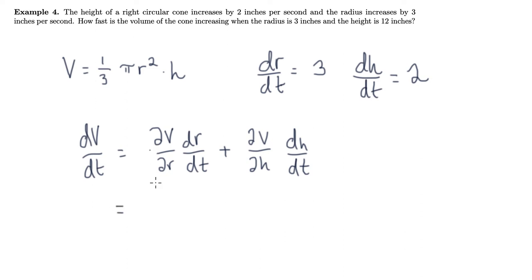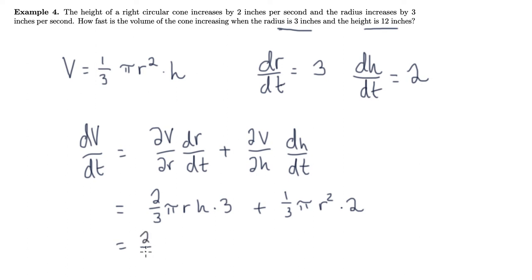Okay, so what's partial v partial r? Well, that's just going to be 2/3 pi r h, and then dr dt is 3. Partial v partial h is 1/3 pi r squared times dh dt, which is 2. Okay, now we just want to plug in 3 for r and 12 for h.